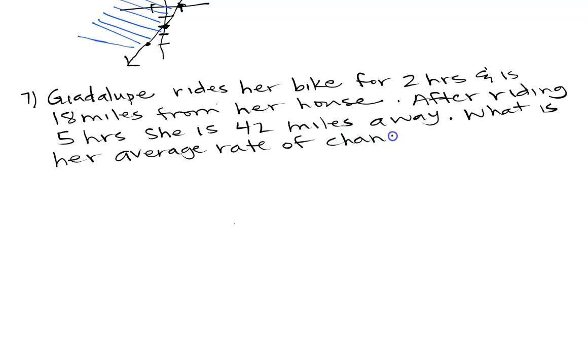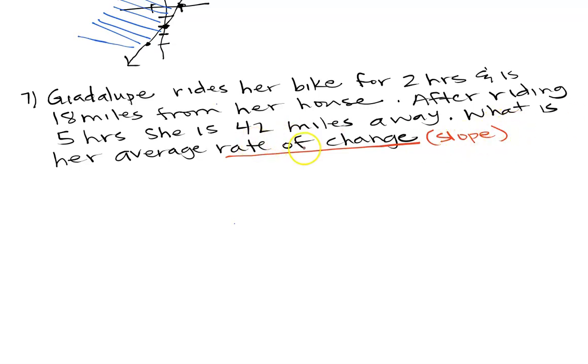So when it's asking you for average rate of change, that's basically telling you to find the slope. All right. And so when we're trying to find the slope, well, we can find the slope between 2 points, but right here, these are not written as ordered pairs, but we can change it so that they're written as ordered pairs.